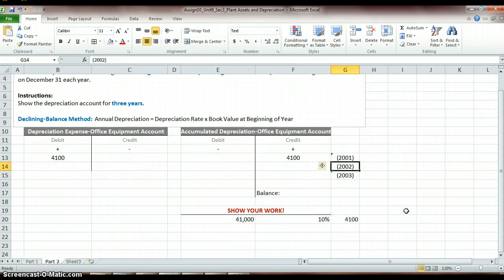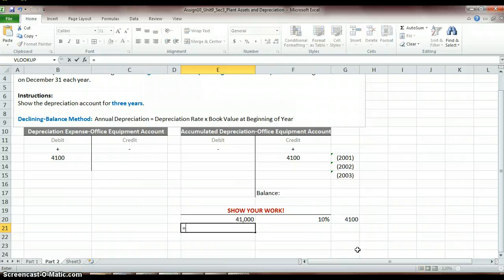All right, then to find out year 2, I need to use the beginning balance that I have for year 2. How do I figure that out? I'm going to subtract. I like to use these formulas, like I said, so that I know that I'm not messing up my math.